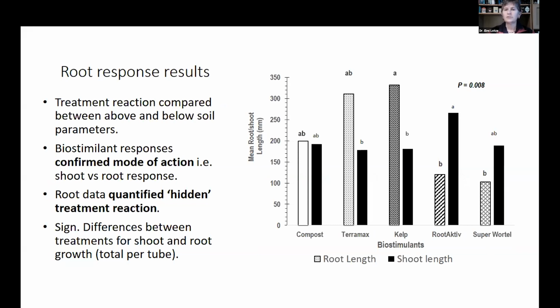But what was also very nice to show is that the biostimulants had different modes of action. Here you can see that these ones stimulated root growth, and then you could see that the root growth and the shoot growth opposed one another. That's typically what we find in literature, and this was particularly obvious when we looked at the citrus roots.